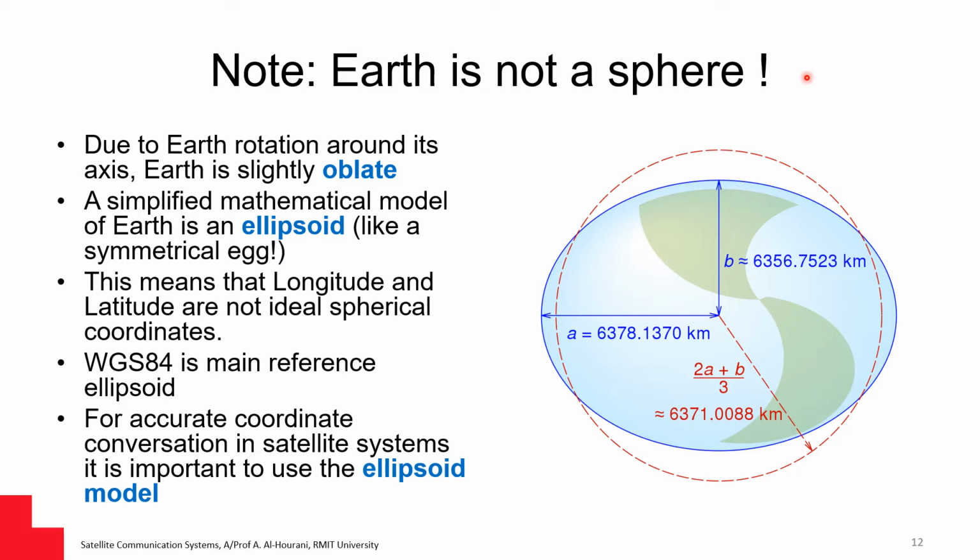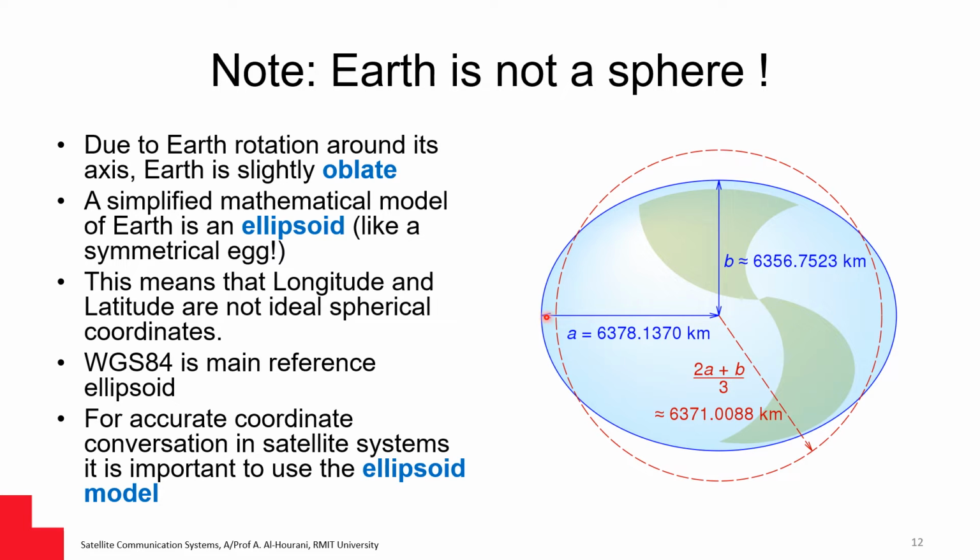It's not a surprise that Earth is not a perfect sphere, but rather is slightly oblate because of the rotation of Earth. So you will find that the distance between the center and the north or south pole is a bit shorter than between the center and the equatorial plane.